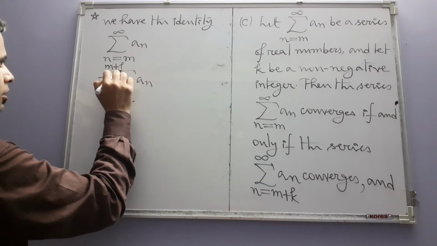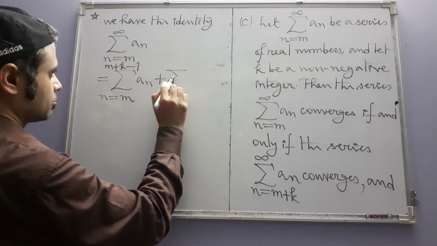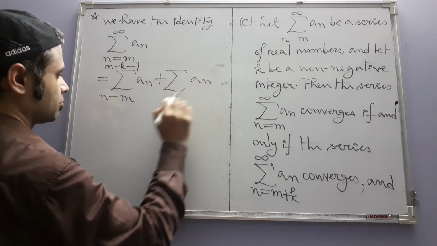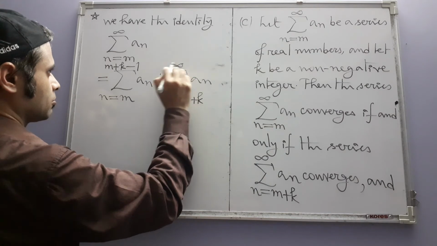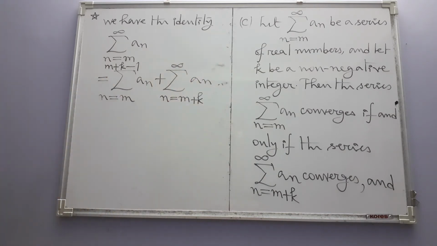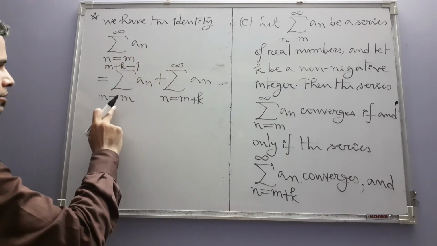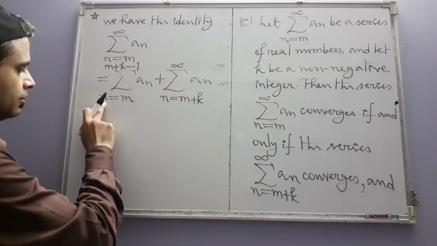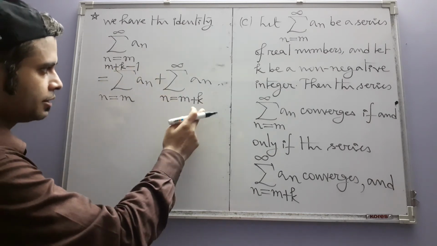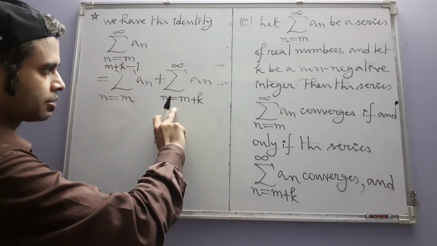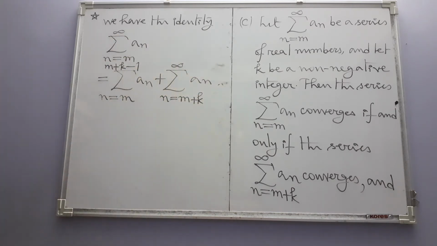So when both are convergent, this series equals this finite series where the index varies from m to m plus k minus 1, plus this infinite series where the index varies from m plus k, and it goes on and on.